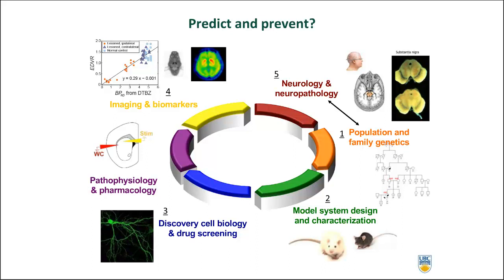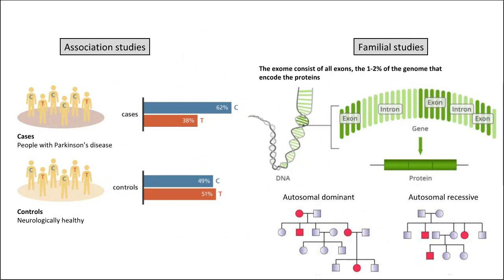So to give a brief background, when I talk about genetic discoveries, there's traditionally two ways you can do that. One is by association studies. So when I say that something is associated with a disease, what that really means is that a certain variant of a gene, as you can see here, depicted as C and T, is a single nucleotide, a single point in your genome, that is more prevalent in cases versus controls.